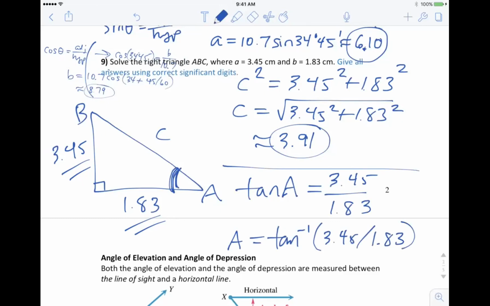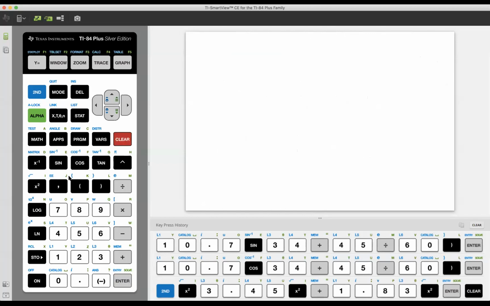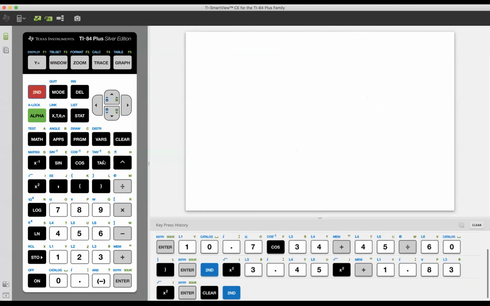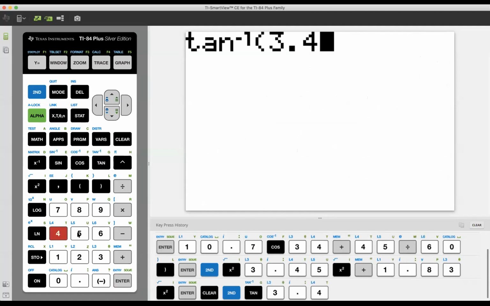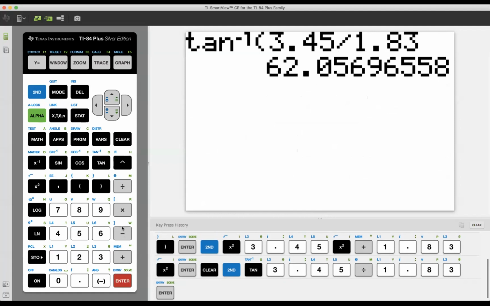Back to the calculator. So the way that one looks, let's go ahead and clear all this out. We're doing tan inverse, 3.45, all within the parentheses, divided by 1.83. And I'm going to go 1 decimal place, 62.1 degrees.